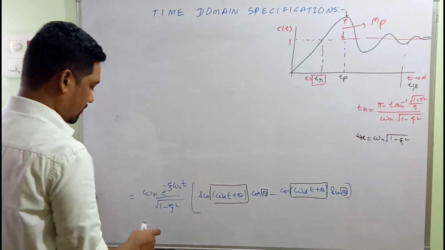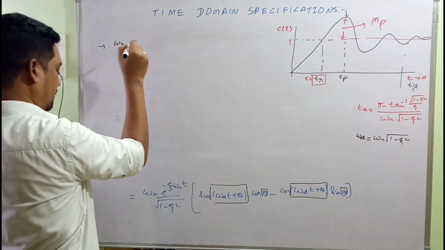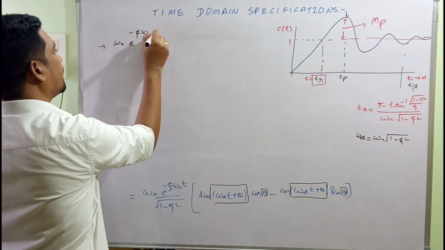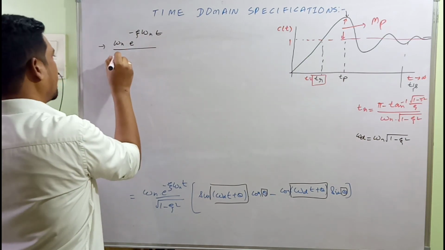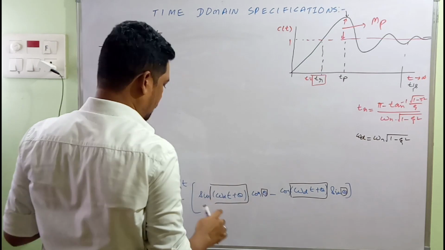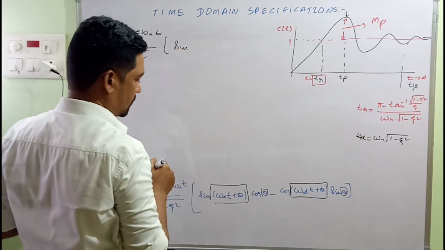Now the entire expression could be reduced to omega n e raised to minus zeta omega n t upon under root 1 minus zeta square as it is. So this will be sin A minus B. What is A here?